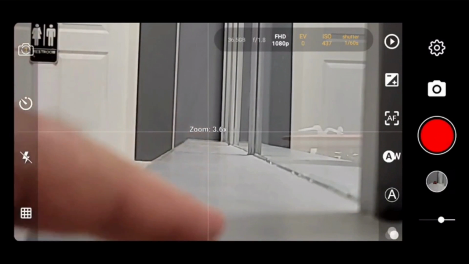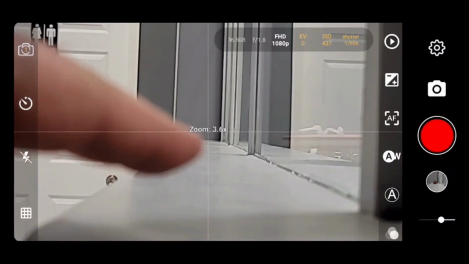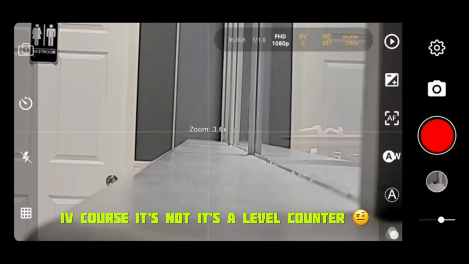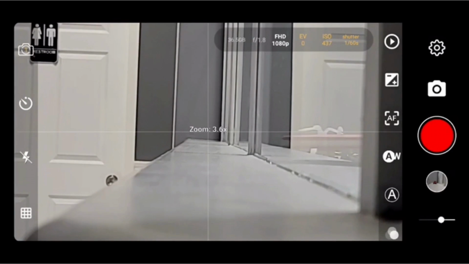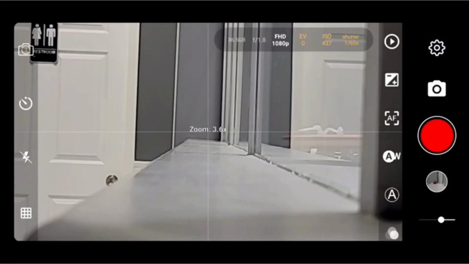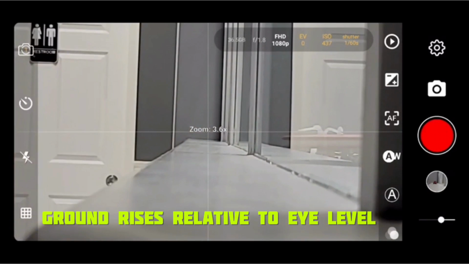This space right here looks like it's going up. It's not. I understand the concept whenever flat earthers are saying that as things go off in distance, they appear to ramp up. It always appears to ramp up, and this is how you know you're dealing with a two-dimensional thinker.